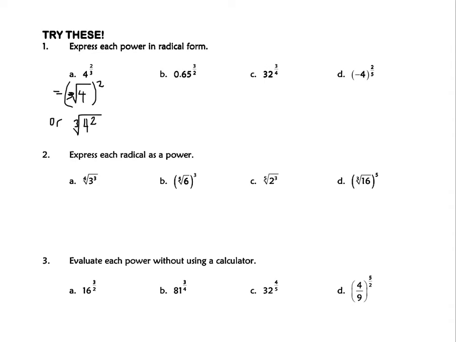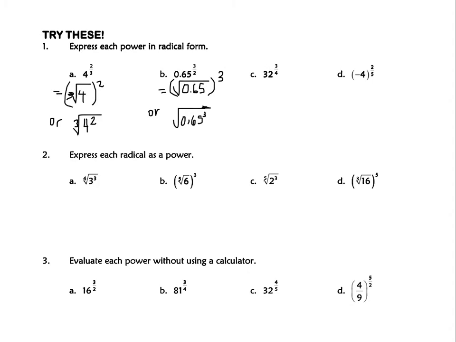The second one, you could write that as the square root of 0.65 all cubed, which is the way we do it if we're doing mental math. Or you could write that as the square root of 0.65 cubed. So take the cube first and then take the square root after.